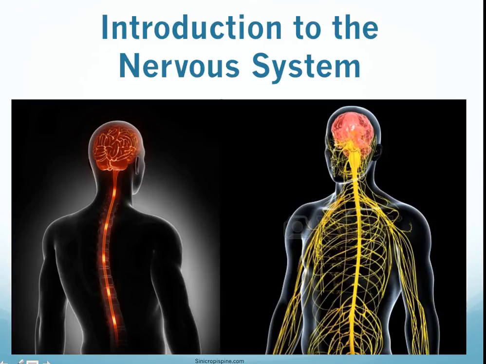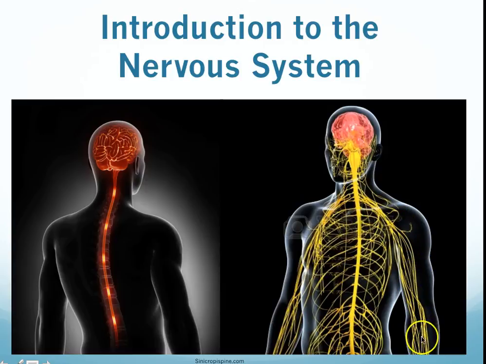So here on the left side, you see in red the brain and this long tail that comes down, which is the spinal cord. So this is what we refer to as the central nervous system. In contrast to the image on the right side, you can still see the brain here, but now we're focusing on these yellow, stringy projections.